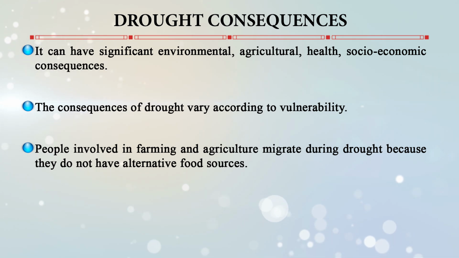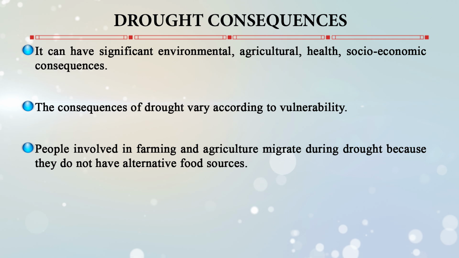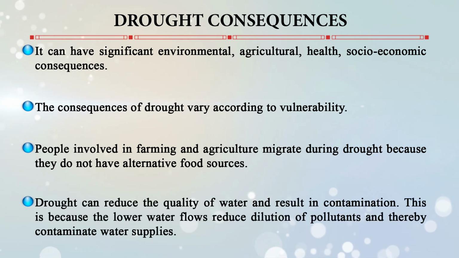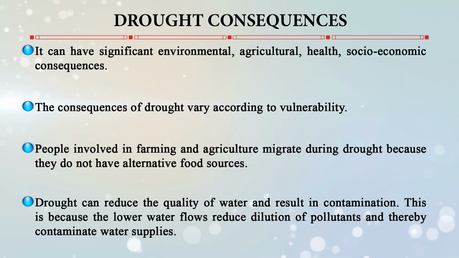They don't have any other means of supporting themselves. So, the droughts can reduce the quality of water, they can reduce the quality of the soil, and it can lead to water contamination. All this is because of the lowering of water flows. This can reduce the dilution of pollutants and also contaminate the water supplies.